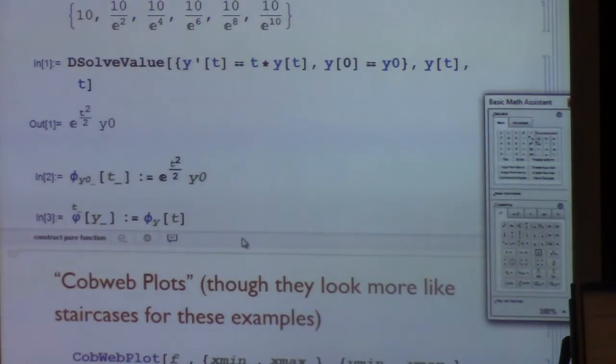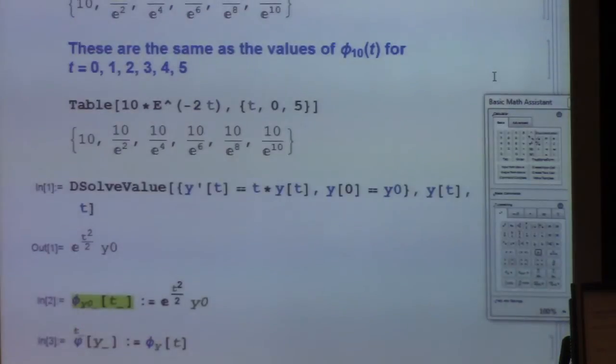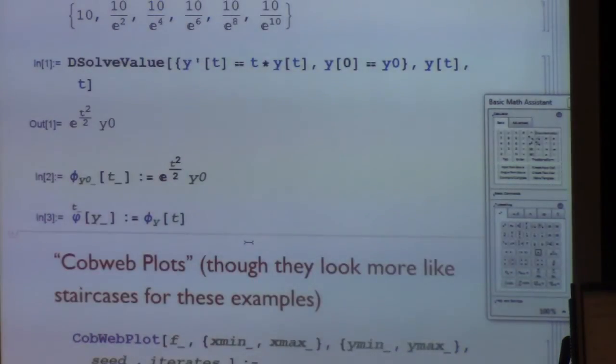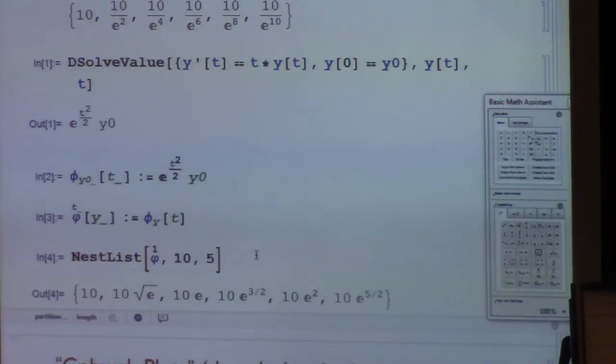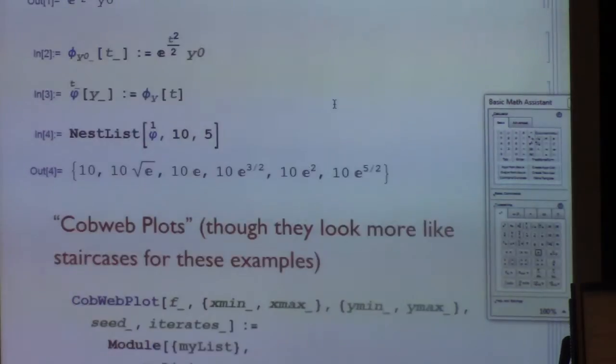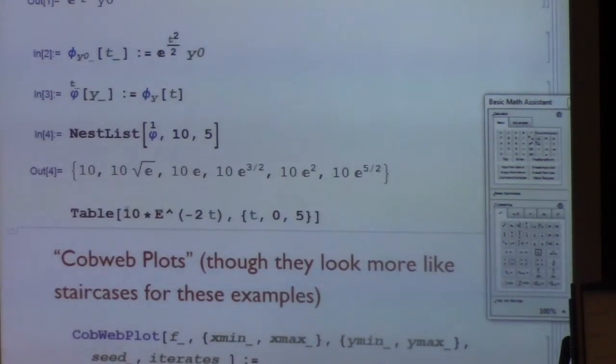Now what happens if I iterate this, if I use NestList on this? It does not match the outputs of the solution function, where this is the solution function here. I'll just go ahead and put this in.